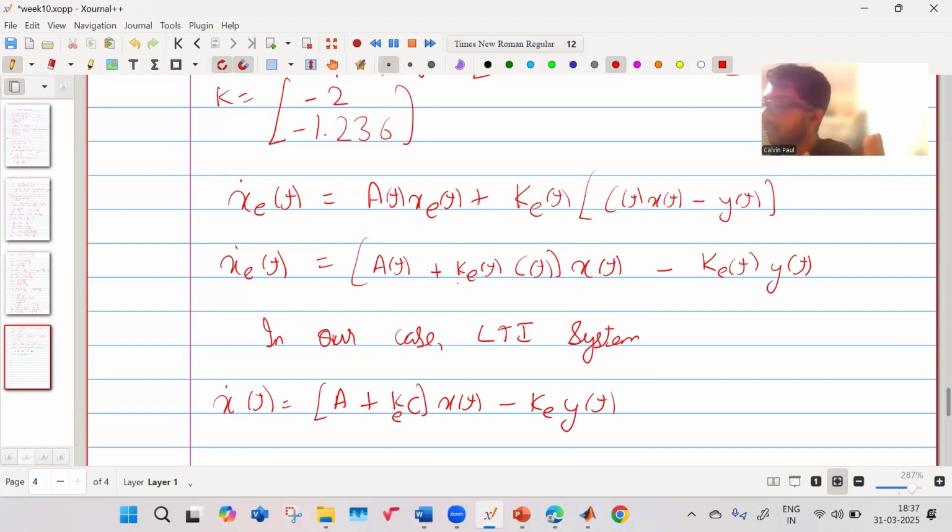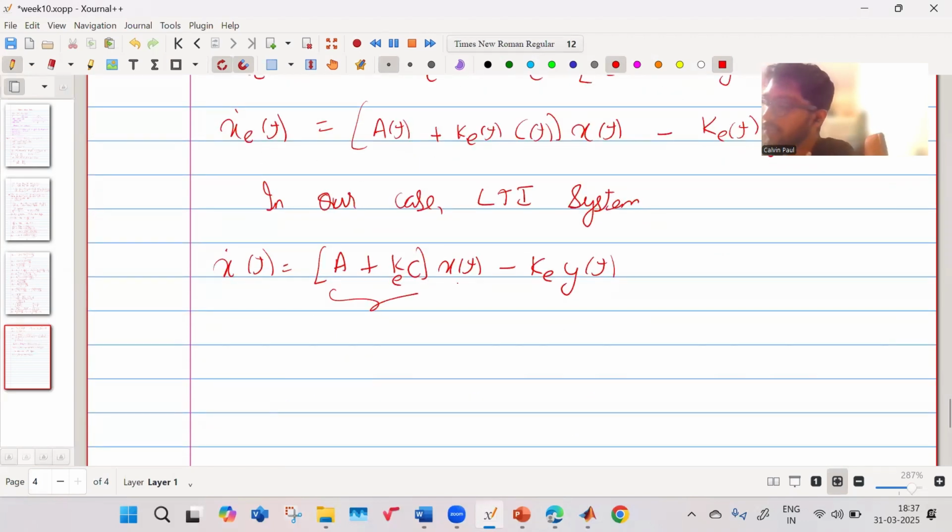This one determines our closed loop stability, or the stability of the Kalman filter. We want our observer, our state estimator, to be stable. That is the bare minimum requirement we have to check. So let us check. We have to compute A plus K C.